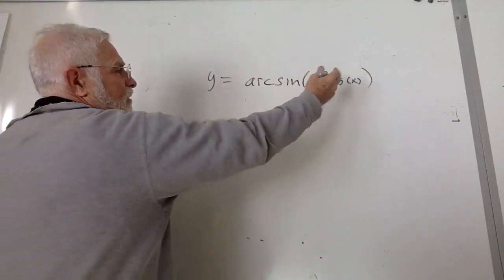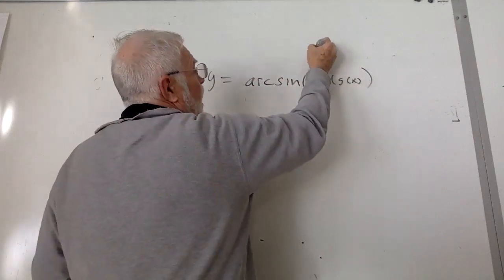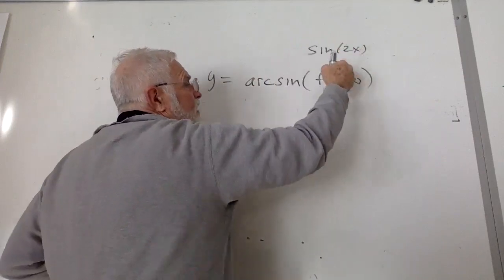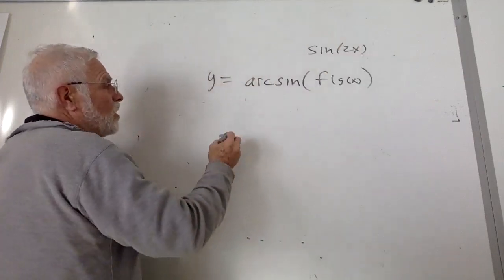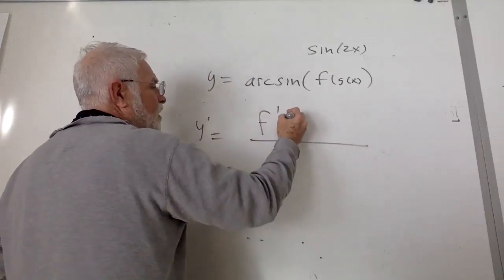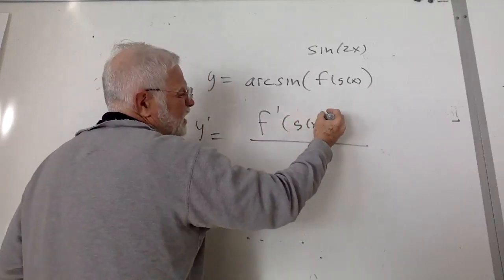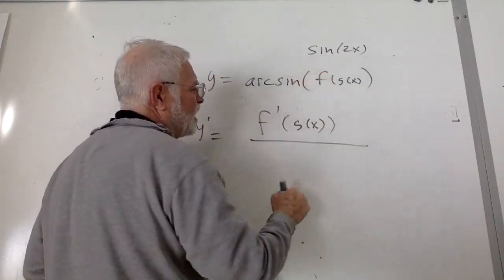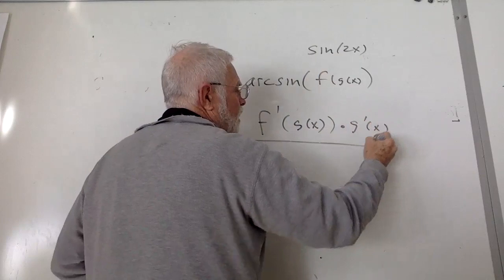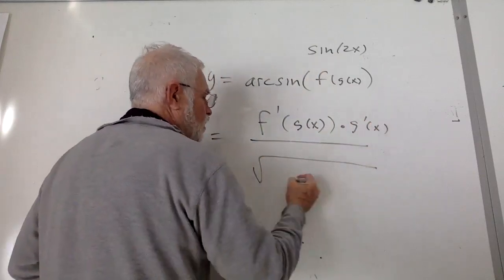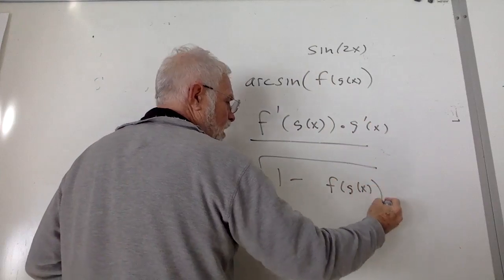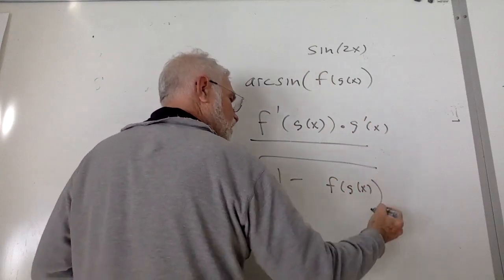So I take the derivative of f of g of x, which is kind of like saying sine of 2x. You know, that's an f of g of x. So we take the derivative, which is f prime of g of x, kind of like saying cosine of 2x, times g prime of x, all over the square root of 1 minus f of g of x, all in some parentheses.